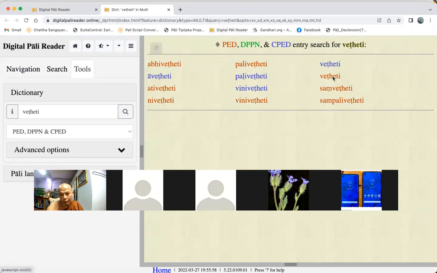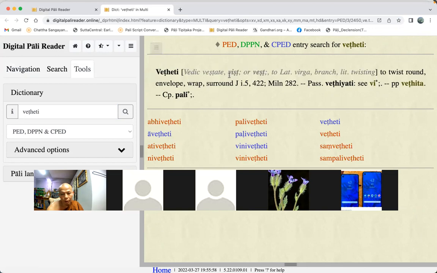So weighted. Root is wheat also. Okay, wheat, should be wheat. Wheat also, so two things: twist, round, envelope, wrap, surround, or coil also.